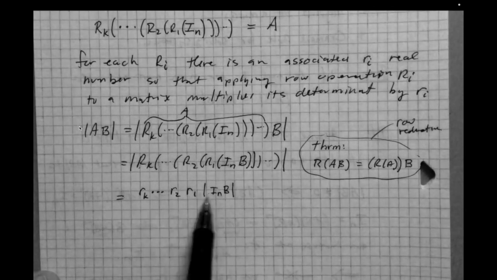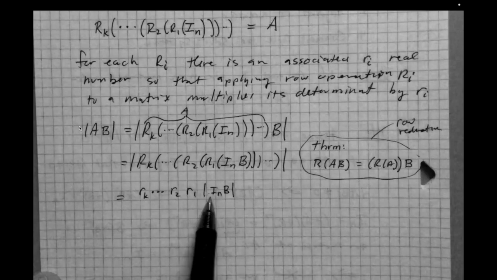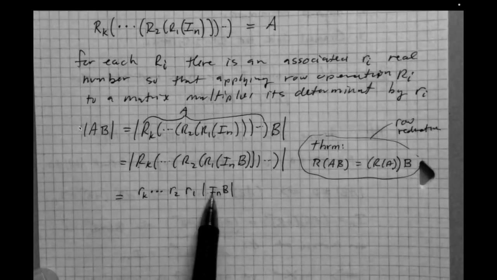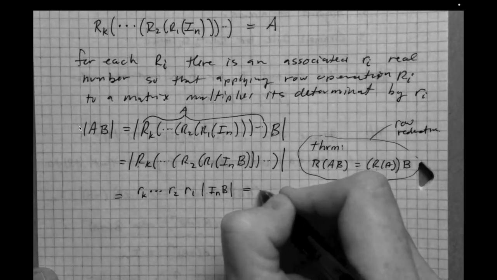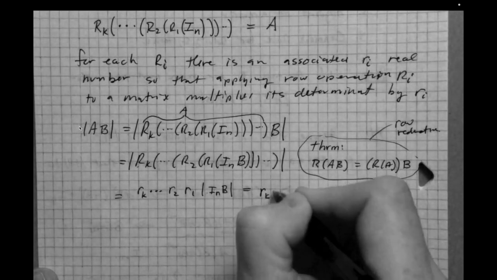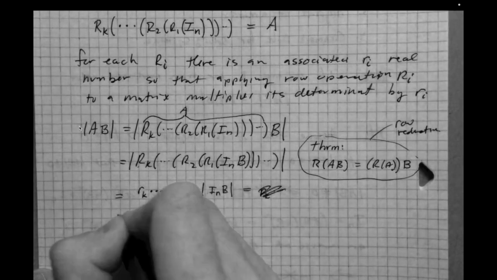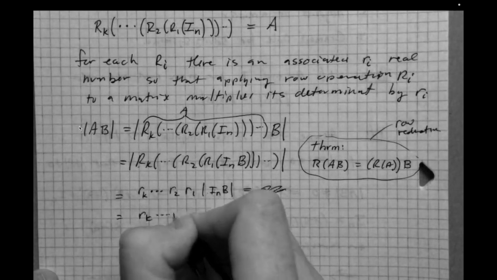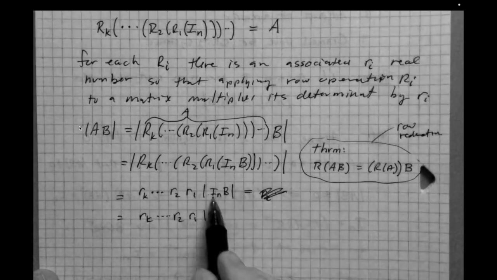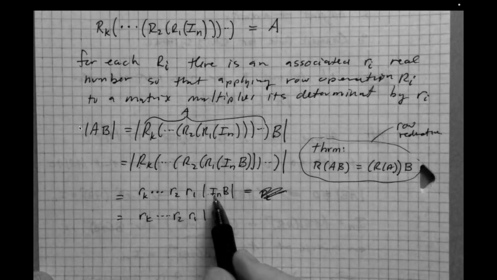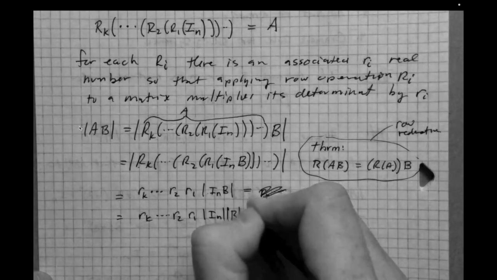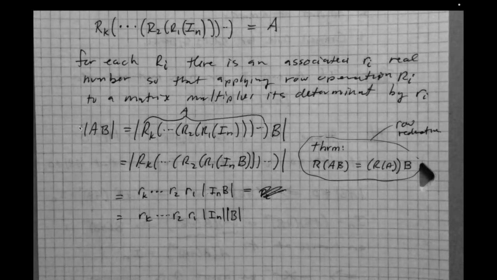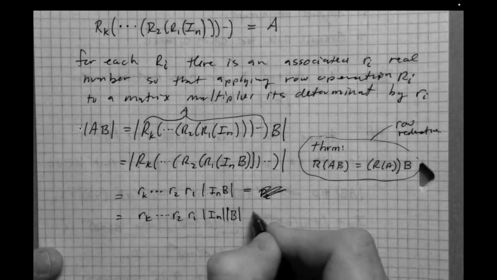All right, so we get down to this, which is just a series of real numbers times a determinant. This is clearly just rk dot dot dot r2 r1. Now here we can break this apart into the determinant of the identity times the determinant of B. And what can we do next?